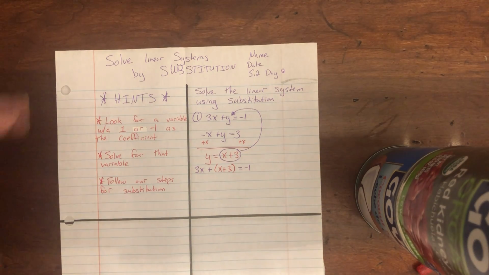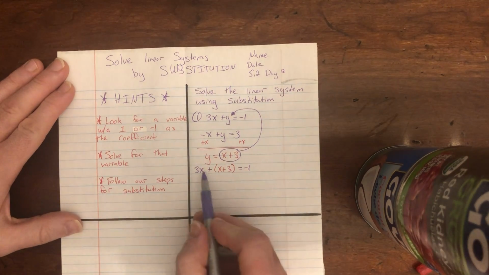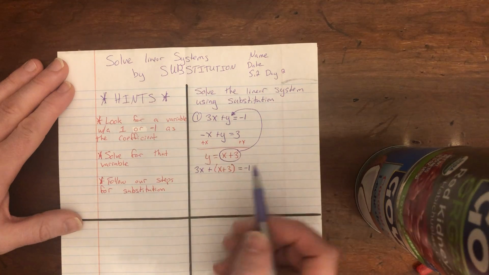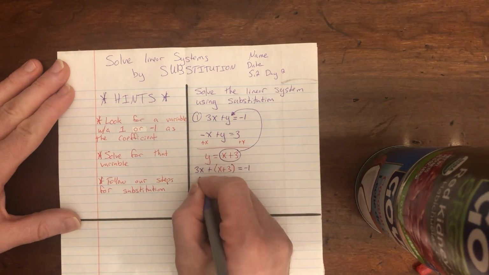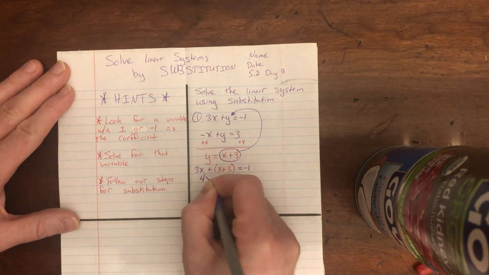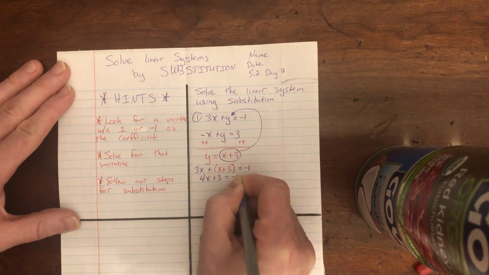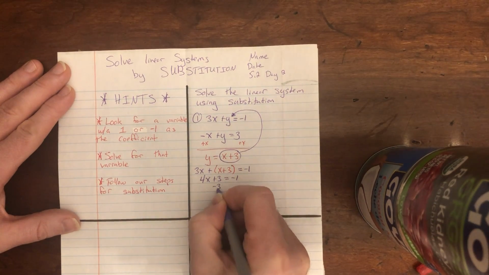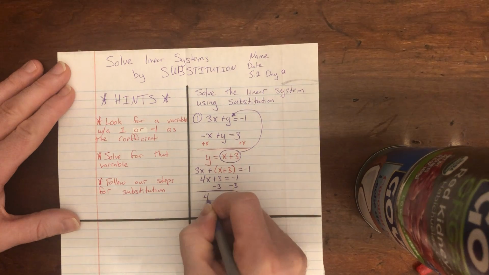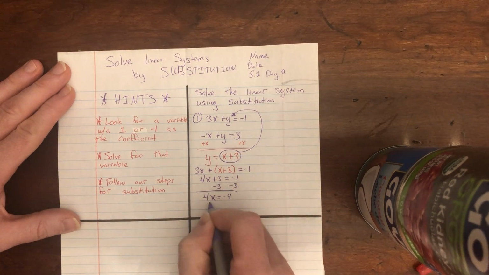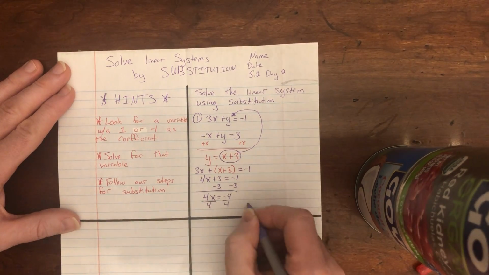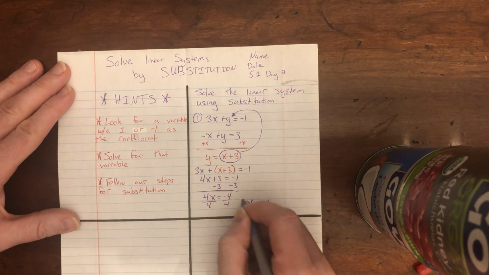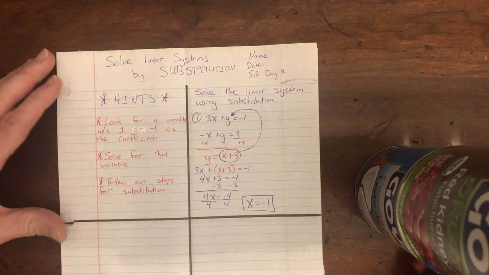Our extra step from yesterday was that we're solving for the variable; it wasn't just x or y equals. Now we combine like terms: 3x plus x is 4x. We subtract 3 from each side and get 4x equals -4. We divide by 4, and x equals -1.